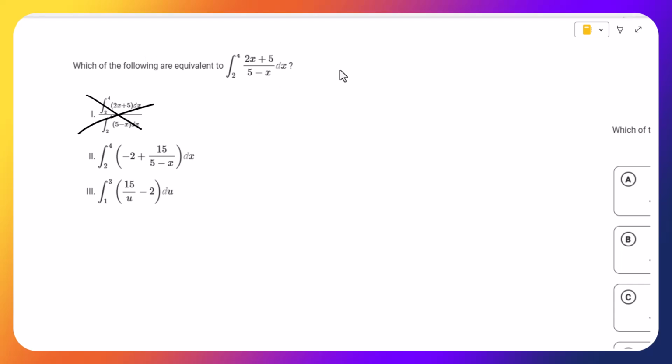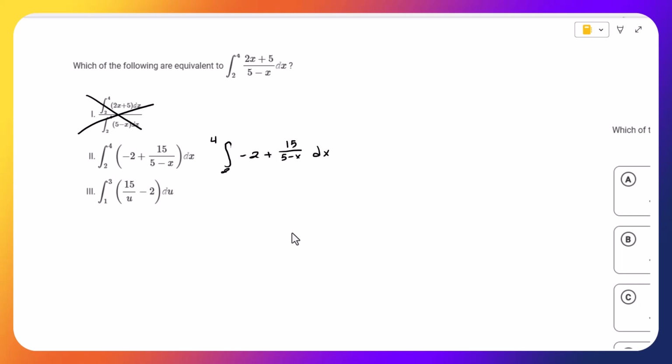I'm not going to show the work for it, but it should give us this. When you do your long division, it should get you to this one. That is the same as that.